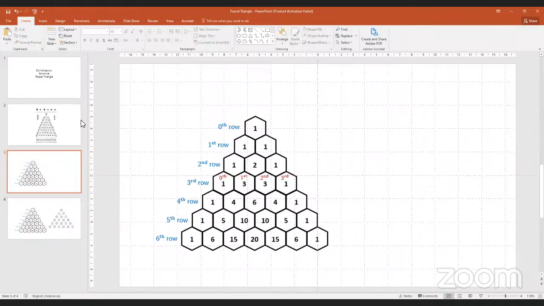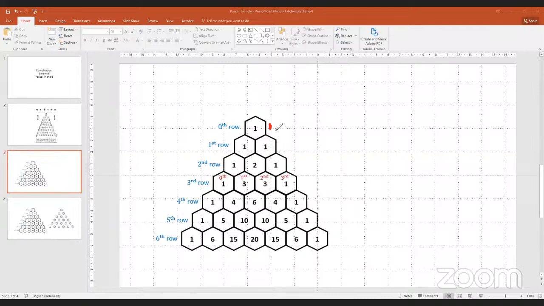So how are you going to construct the Pascal triangle? You start with 1. Just put 1 there, and then put 1 on the side.